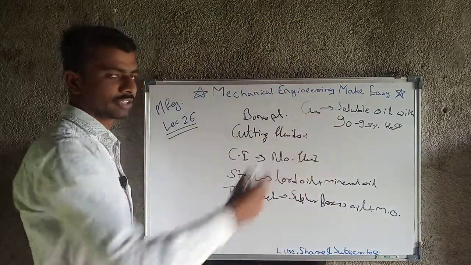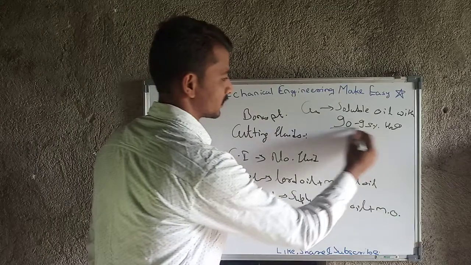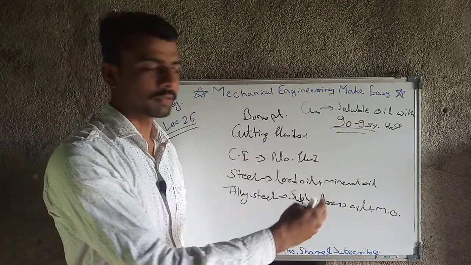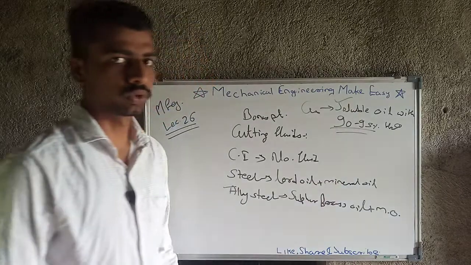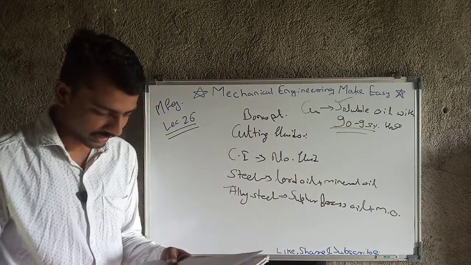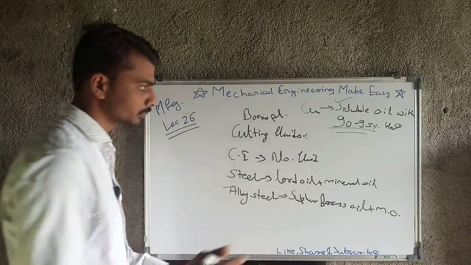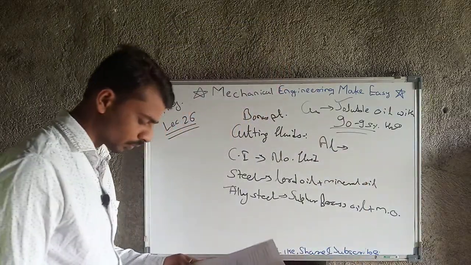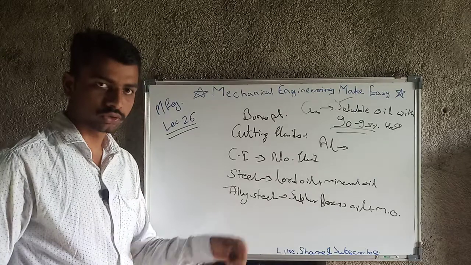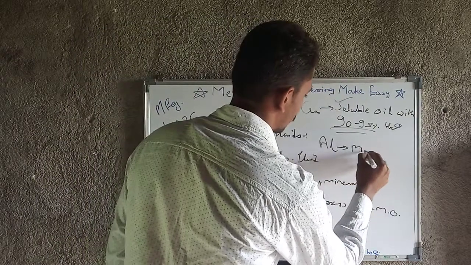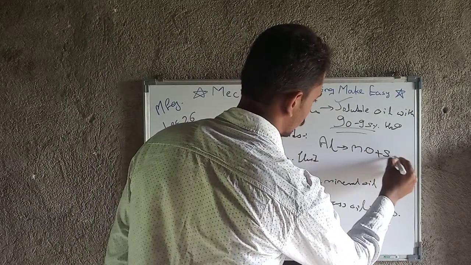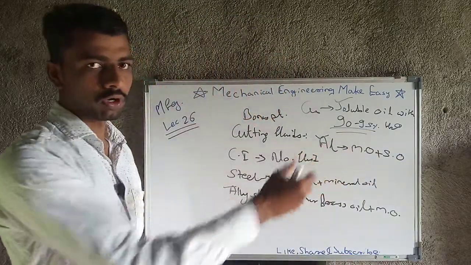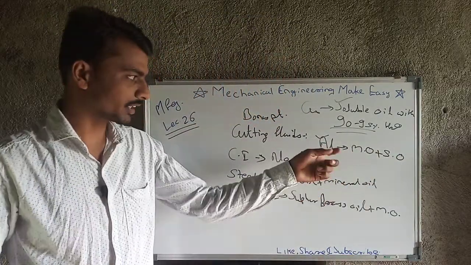It means in the case of copper, the higher percentage of water we are using, only some 5 to 10% of soluble oil we are going to use there. Then next is aluminum. For aluminum also we have to use fluid, and that is nothing but mineral oil with soluble oil, means mineral oil plus soluble oil. This is the cutting fluid for the cutting or machining operation of aluminum.